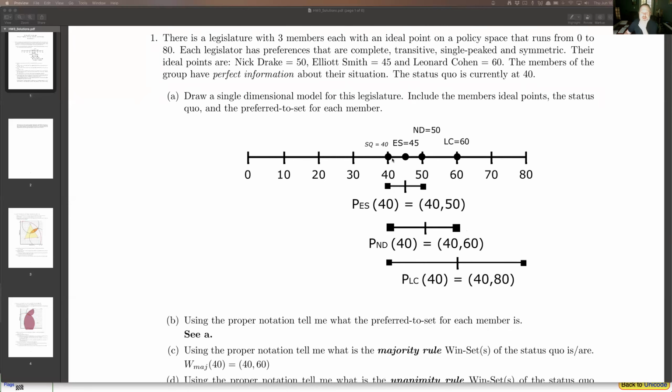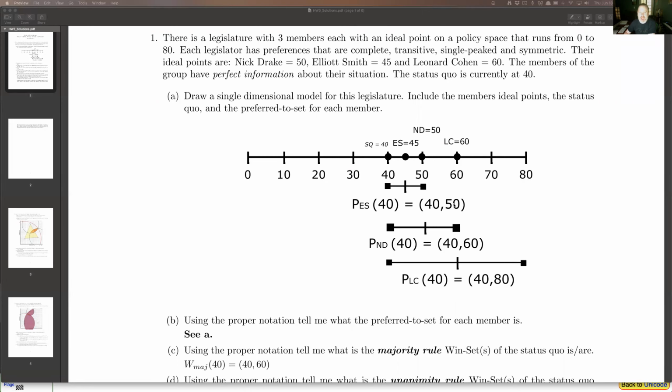Elliott Smith definitely likes everything between 40 and 45. It's getting closer to his ideal point. It's very easy to see that. We're moving from 40 to 45. So those are all strictly preferred. And then, of course, because he has single-peaked and symmetric utility, which we don't have to draw because we know all that matters is distance on the line, his indifference point from 40 is 50.